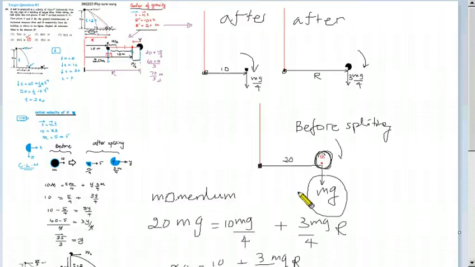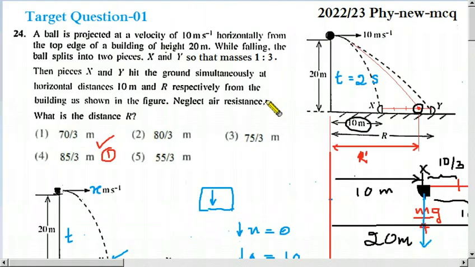This r is what we have to find out here. This r means what they ask, this distance to the y.